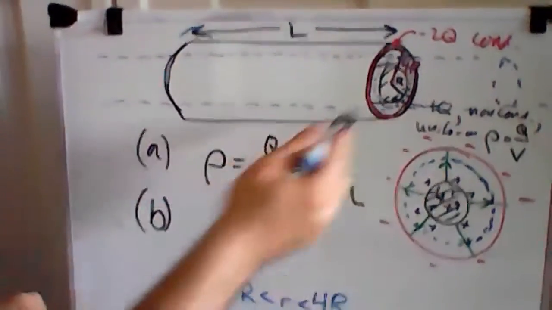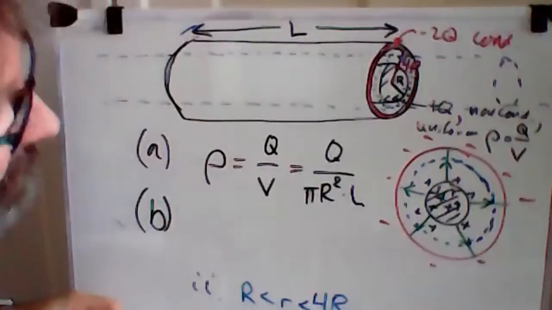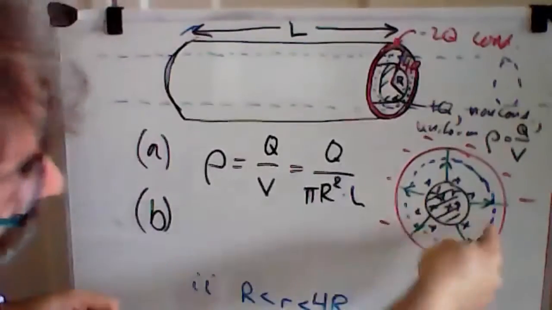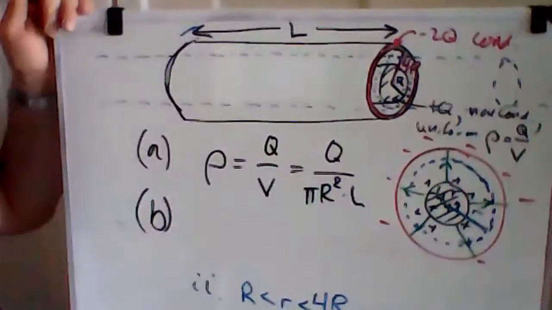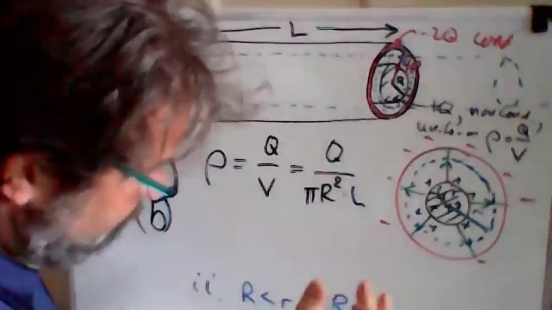We've got this Gaussian surface, the blue one of radius r. This one right here, and we can draw that in. This is for part II. There we go, this is r. Okay, and Gauss's law holds.